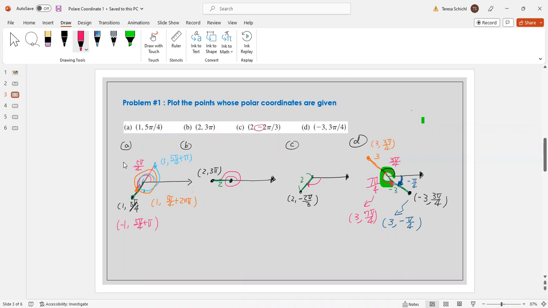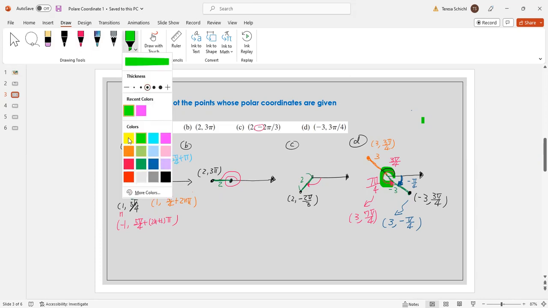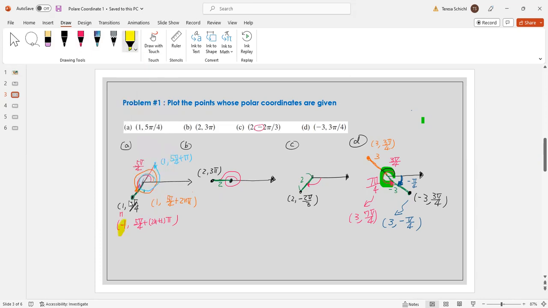As long as I add an odd number of pi's, I can always get back to this point. So these two are in fact the same point. Now I can generalize that: instead of 2n pi, as long as I do 2n plus 1 pi, and I add a negative r, it will give me the same point here.